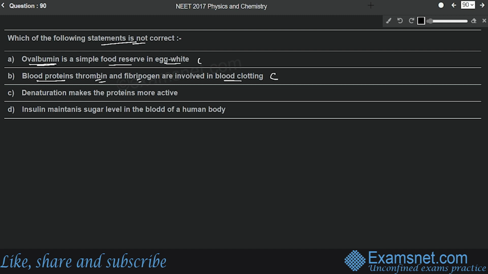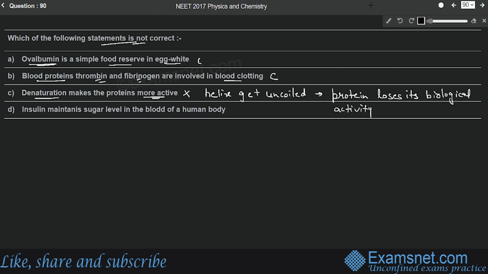Now the third statement says denaturation makes the proteins more active, which is not at all true, because we know that during denaturation the protein helix gets uncoiled, and due to that protein loses its biological activity, and therefore it is said that protein gets denatured.